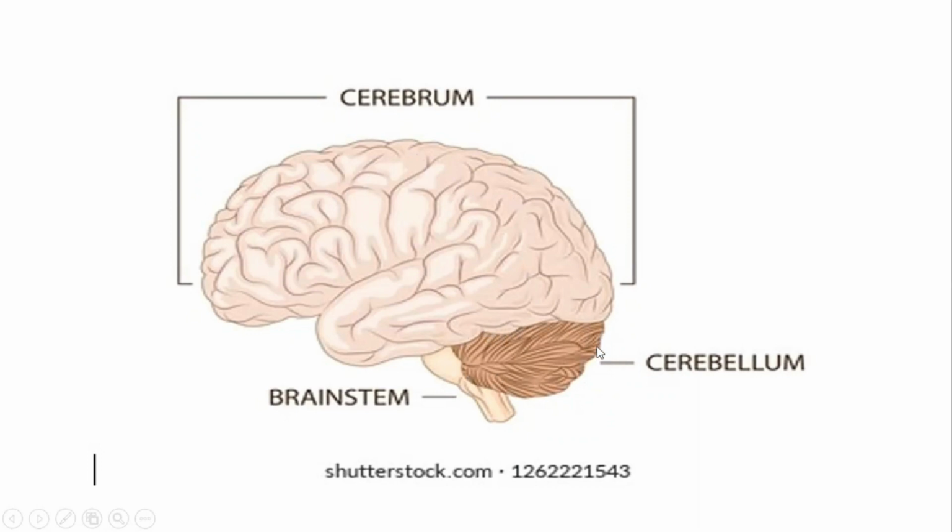And this one on the posterior surface of the brain is cerebellum, and this one in the inferior surface, which passes through foramen magnum, is called brainstem, which is also divided into three different parts: the midbrain, pons, and the medulla oblongata. But in this video, we're going to focus on cerebrum.